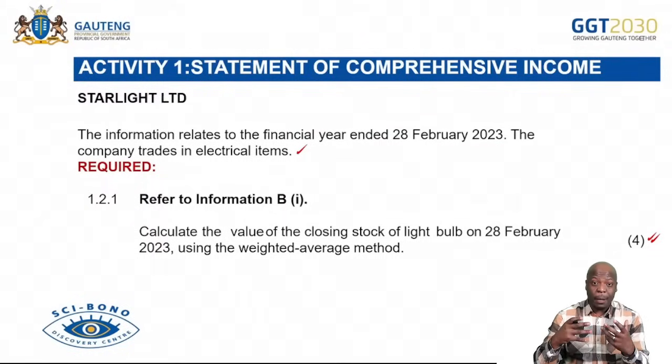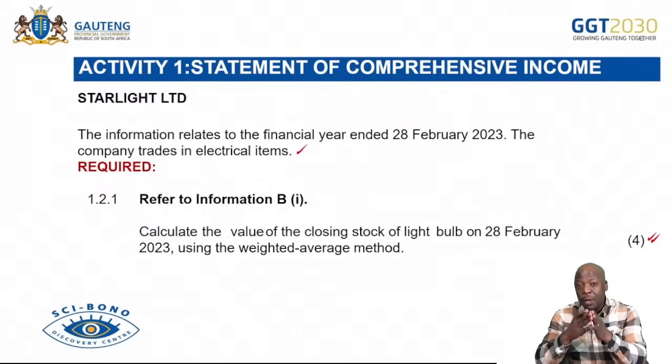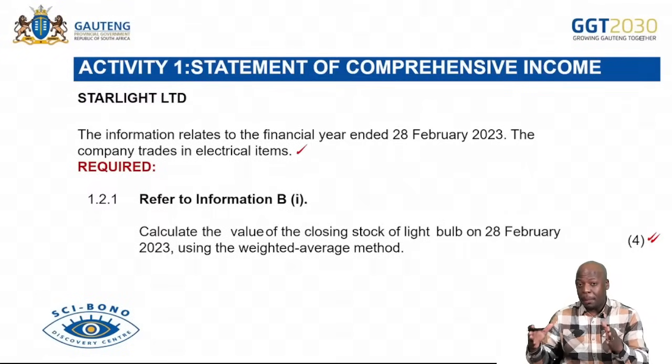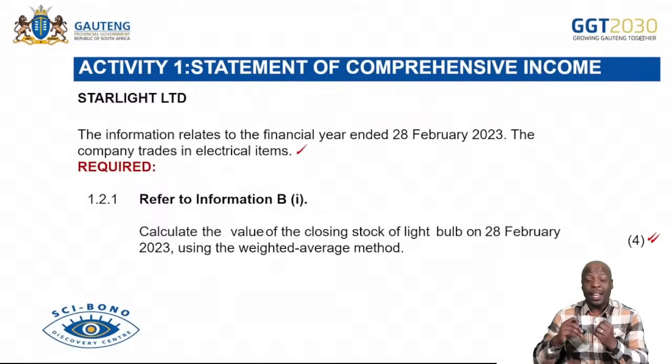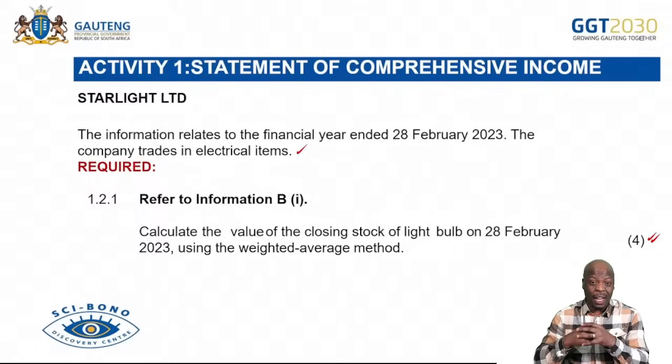So it is very important that you prepare yourself, that you know certain topics which spread between paper 1 and paper 2. These topics are your inventory valuation together with your tangible assets. Calculation of depreciation can be found in both paper 1 and paper 2, as well as your inventory valuation.